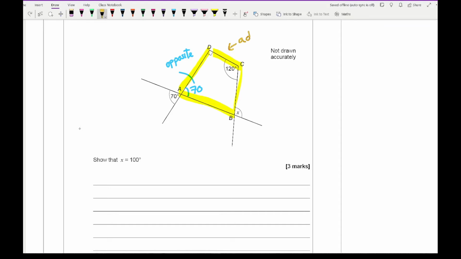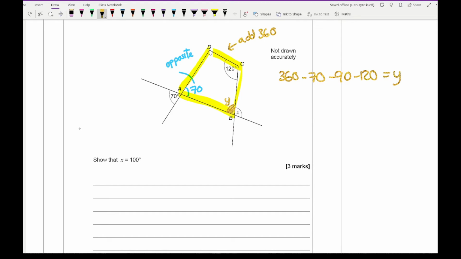to 360. So what I then know is that 360 minus 70 minus 90 minus 120 all equal, and let's just call this angle here y.